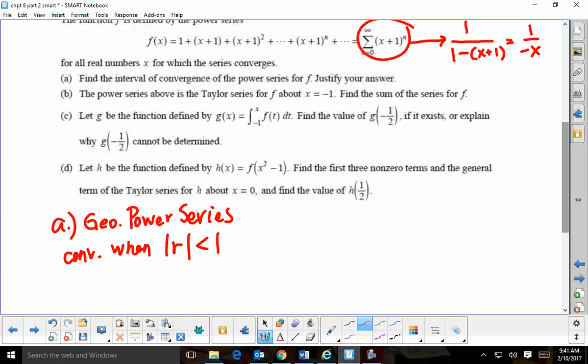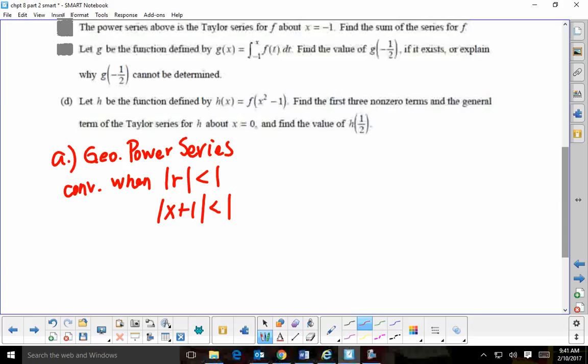And what is my r in this case? x plus 1. Could you tell me your radius of convergence now? Since we have x minus c, it is 1. But now it wants the interval of convergence, so go solve for the interval.